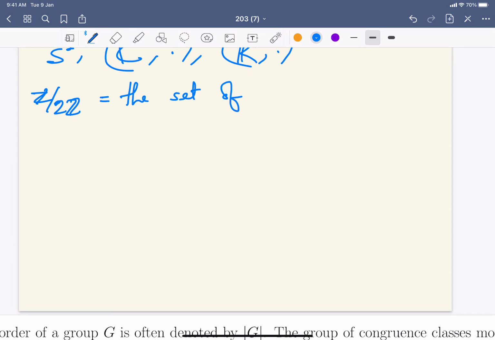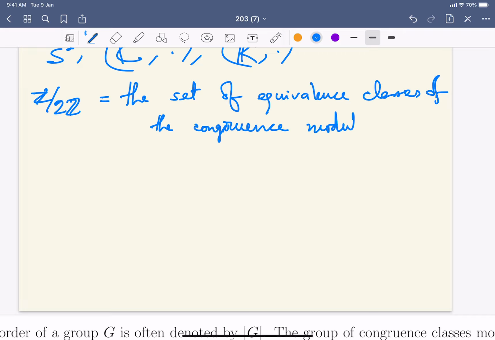This is the set of equivalence classes of the congruence modulo 2 relation on Z. So this is a set.